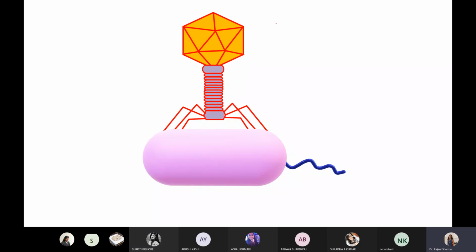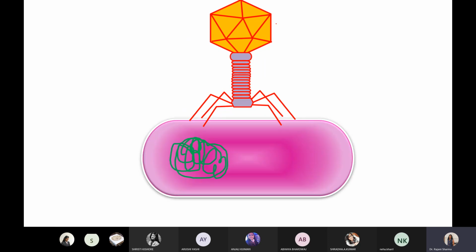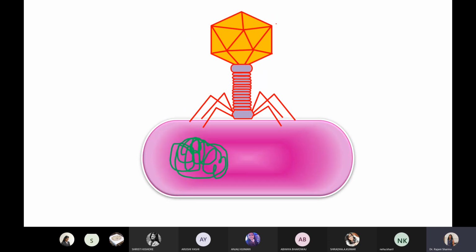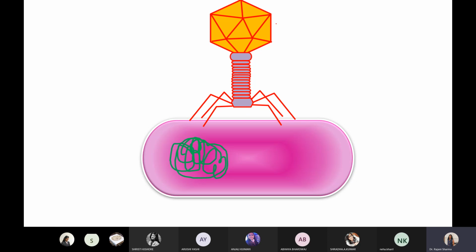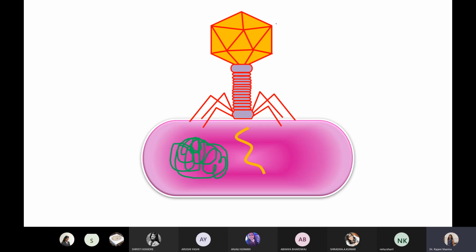But what was analyzed was the mechanism. First, the bacteriophage comes and sits over the bacteria, then it inserts its genome inside the bacterium. So what will happen after insertion? This virus genome will be inserted inside the bacteria, just like our vector.